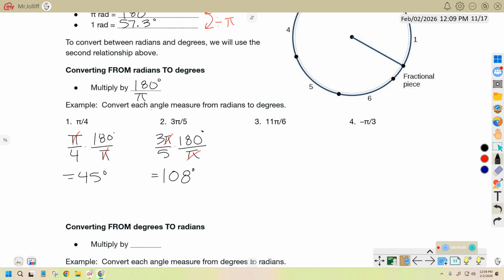All finished. Examples 3 and 4. The pi will cancel out, the negative will carry through.